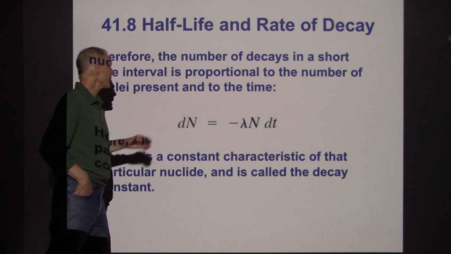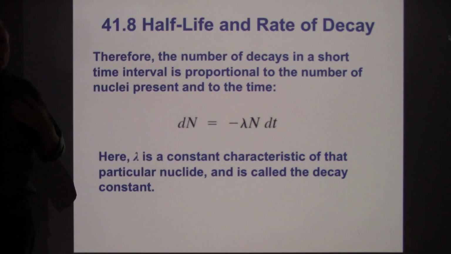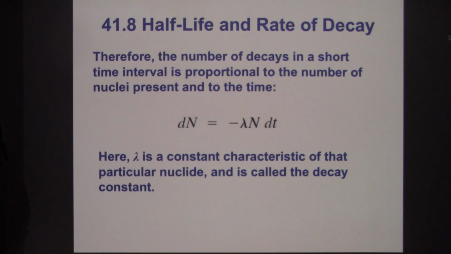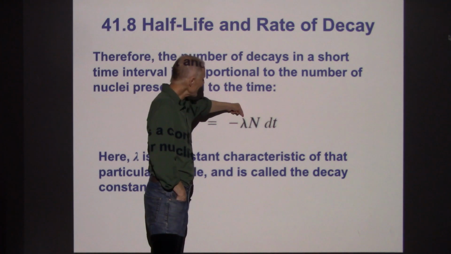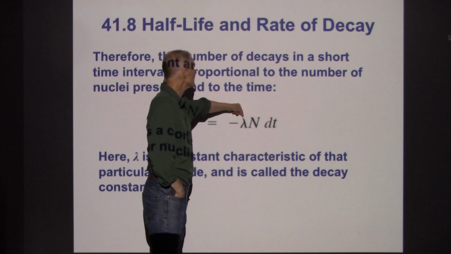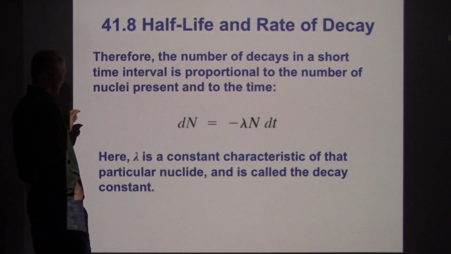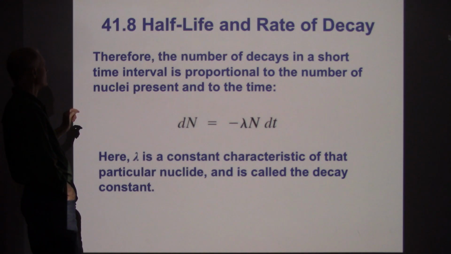Now what that's saying is that the number of decays that we have depends on which isotope of which element, because each isotope of each element has a different decay rate. So this is, let me get the names here.